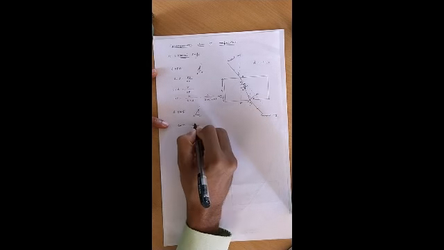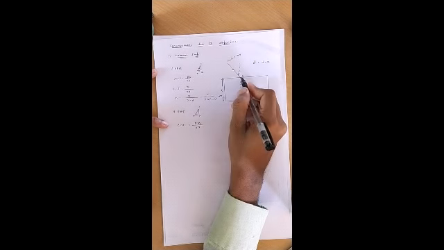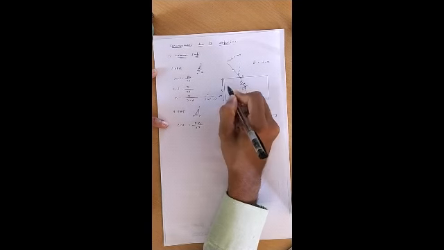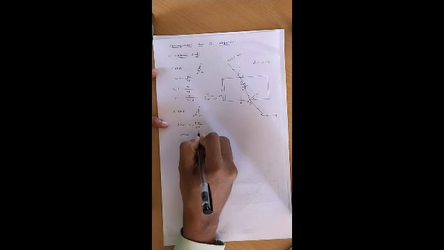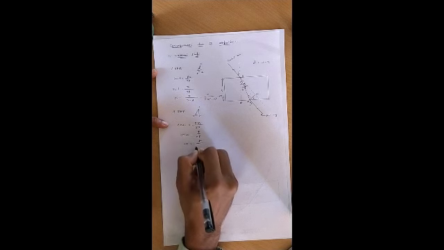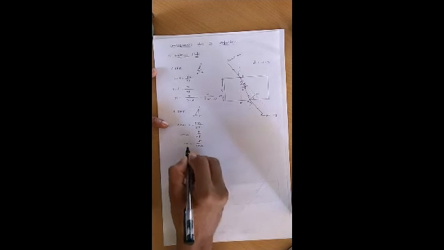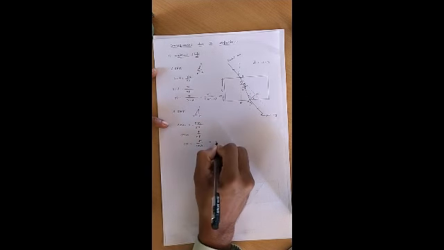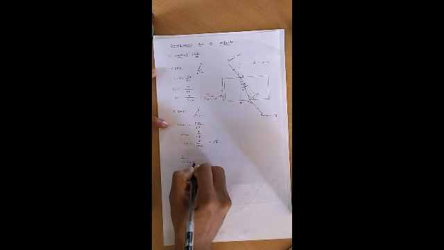The adjacent is OM, and the value of OM is the thickness of the glass slab. Substitute the value: cos r is equal to T divided by OP, then OP is equal to T divided by cos r.